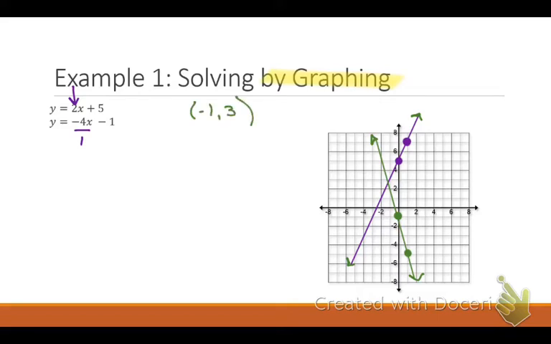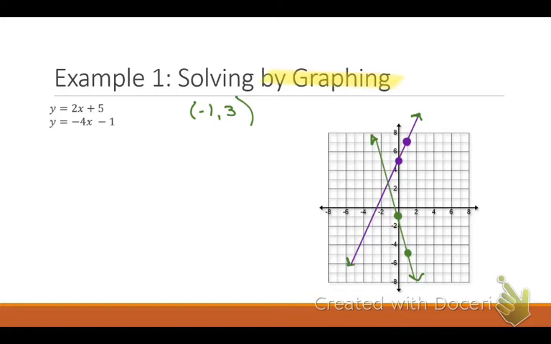So what does this mean? This is my ordered pair solution. I'm only going to do this on the first one, but I want you to understand what this ordered pair means. If I plug in my x and my y values from the ordered pair into either equation, it will make it true.